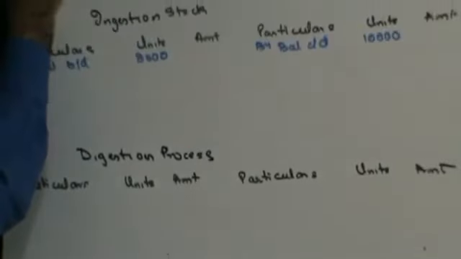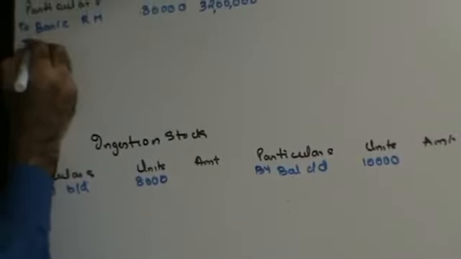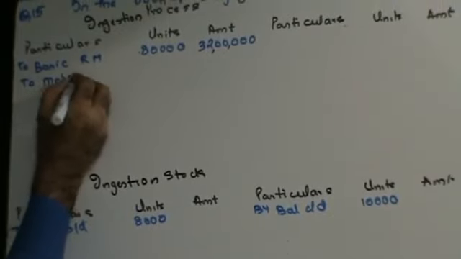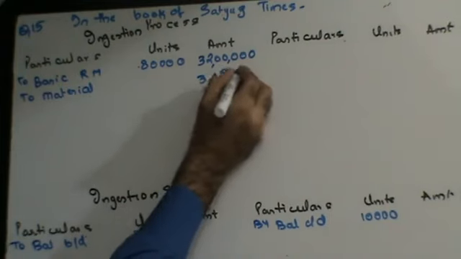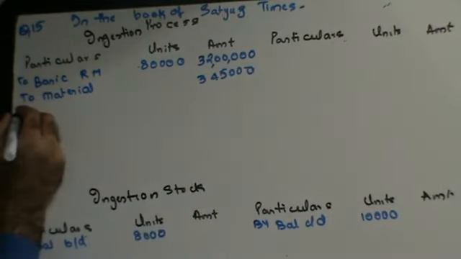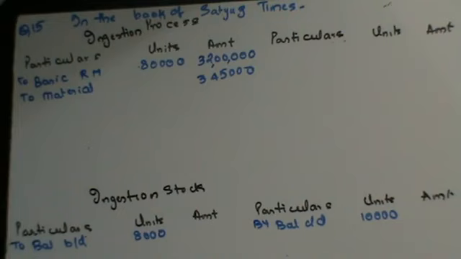Now for ingestion process, they give you monetary information this way. To material is 3,45,000. Then they give you to labor man days is 2,400 and labor rate per man day is 80.